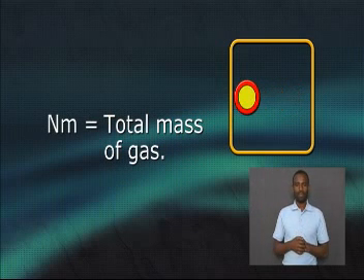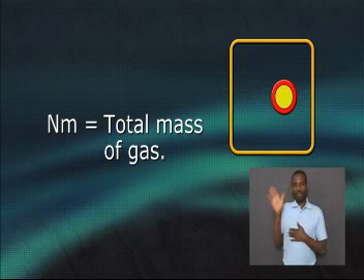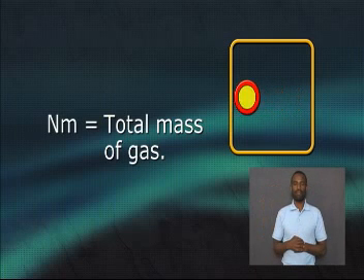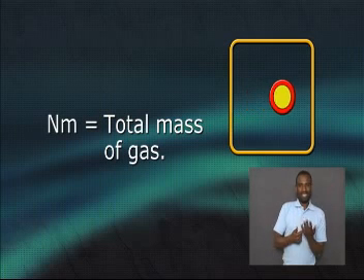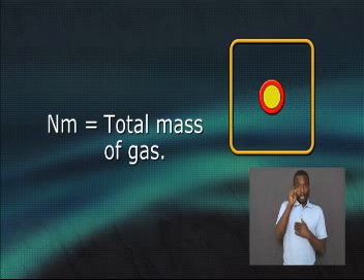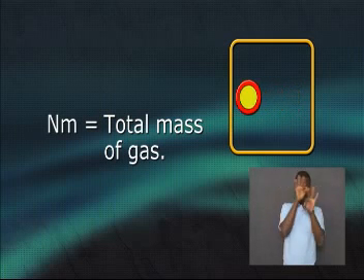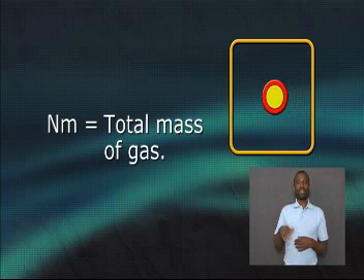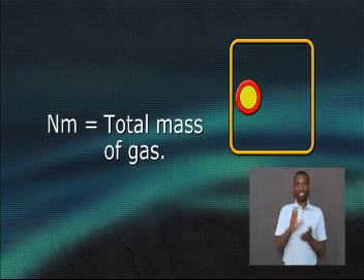The total mass of the gas is Nm. So we can replace the value of Nm over 3 with the density of gas, represented by rho.